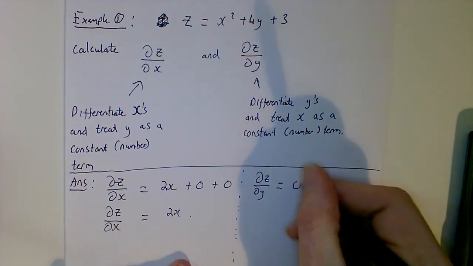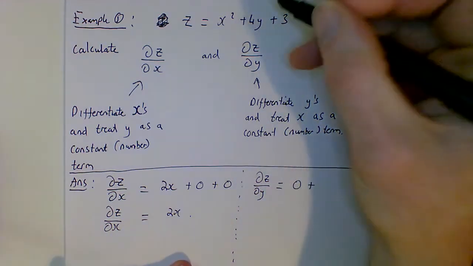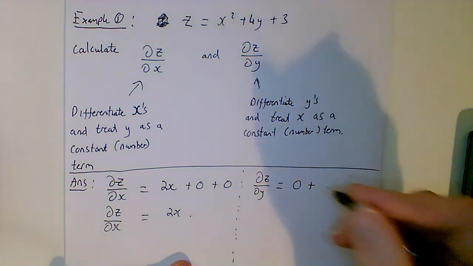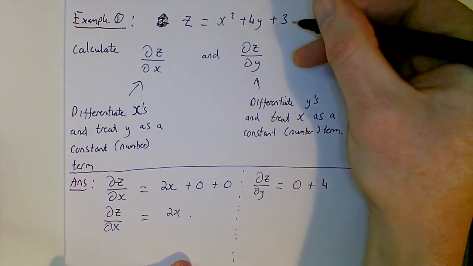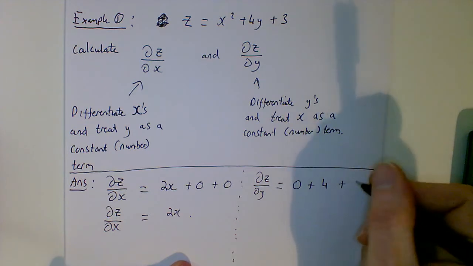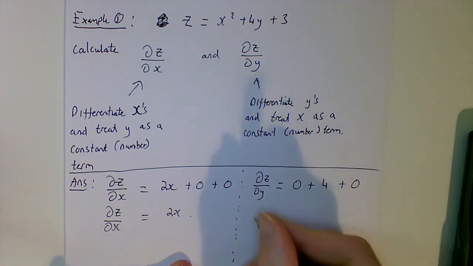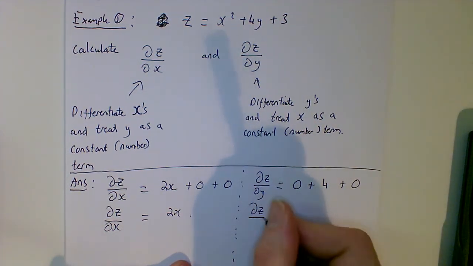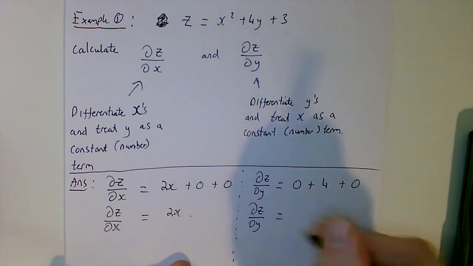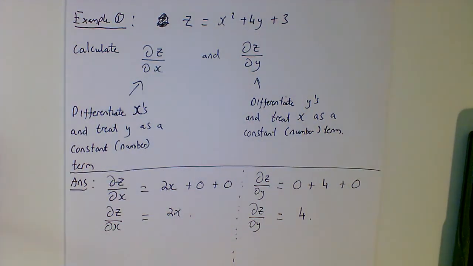So that's just going to be 0. If I differentiate 4y, I just get 4. And again, if I differentiate a number, I get 0. So partial dz by dy is 4. And those are my two derivatives.